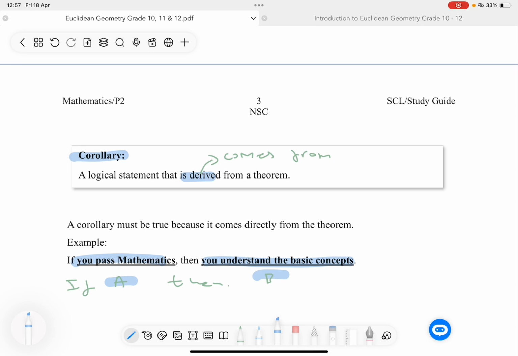Now, the last thing that we have to know about corollaries is that they must always be true because they come from theorems, and a theorem has already been proved to be true. So if we pull a statement from something that is already true, that statement must also be true.